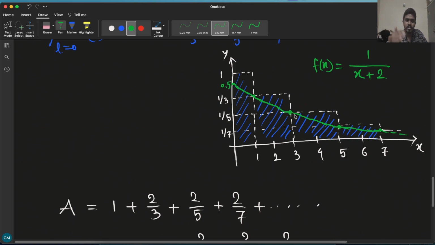Now what we will do is find the area under f(x), the area under the curve, the green shaded region.